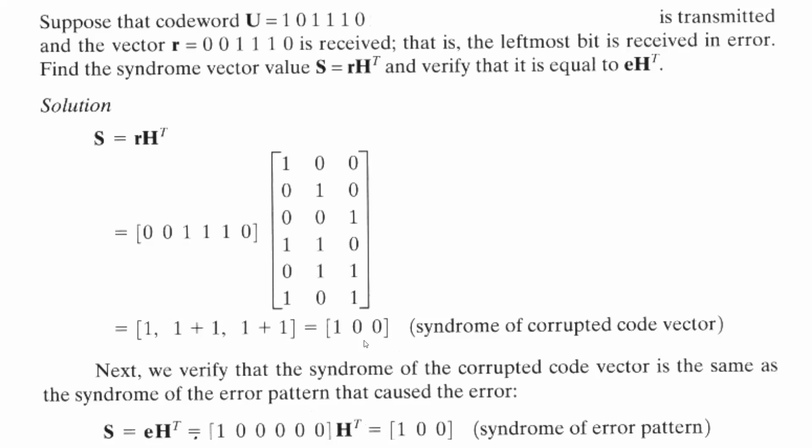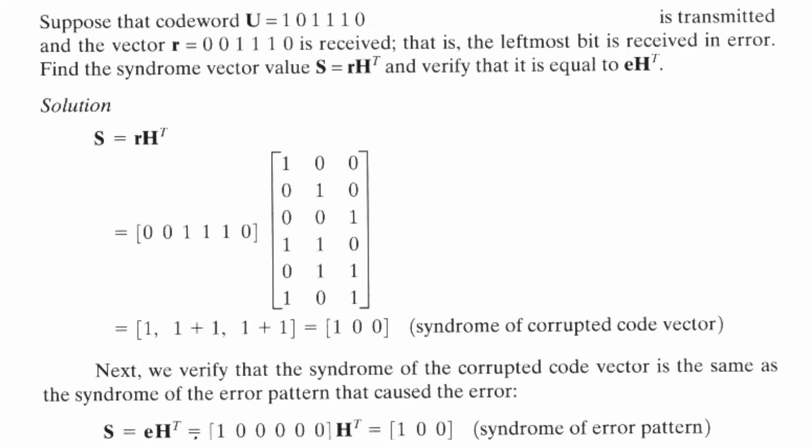Now my syndrome is 100, so correspondingly I can find out the error pattern, because if I do EH transpose or RH transpose, the syndrome will be the same.